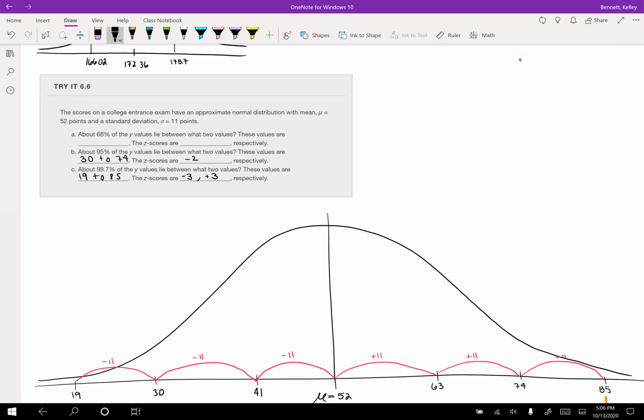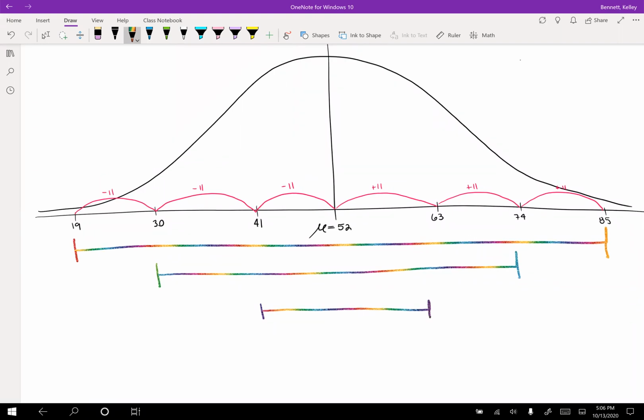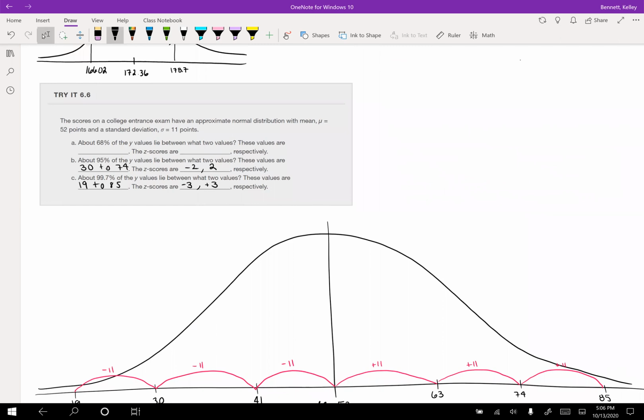And that's going to be left 2 or right 2. And then for the last one, within 1 standard deviation, that's 68%, that's going to be 41 to 63. That's going to be to the left 1 standard deviation or to the right 1 standard deviation.